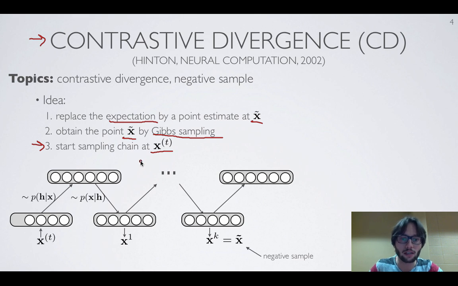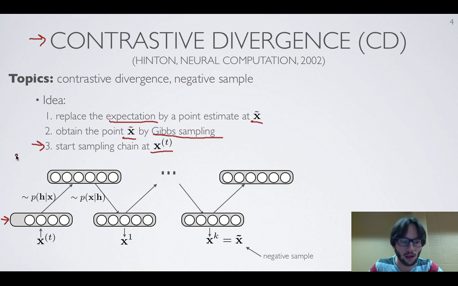Instead of starting like we usually do in Gibbs sampling, at a random configuration sampled perhaps uniformly from some initial distribution, I'll use the value of the training observation for the visible layer. The other thing is that I'm not going to do Gibbs sampling for long. I'm going to do it for 1, 2, or just a few iterations. And as we'll see, this works well in practice.